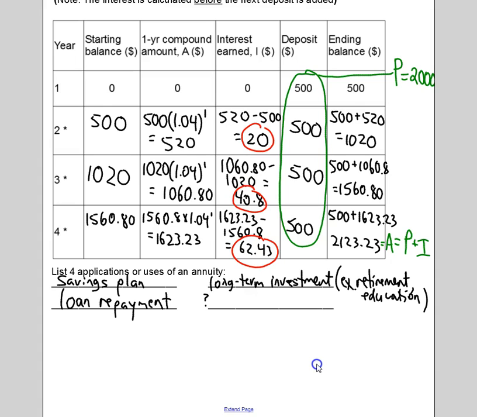So for this 4th type, you might just want to consider one of your own financial goals right here that would involve making regular deposits. And you don't have to make deposits of much size to actually benefit from an annuity. If you invest for a long period of time, compound interest plays out in your favor.